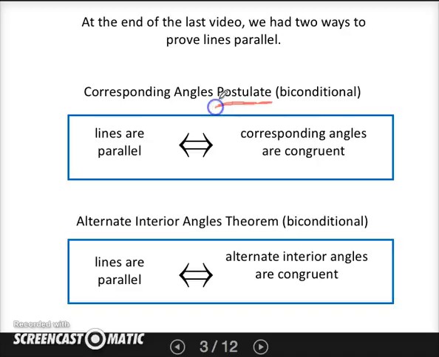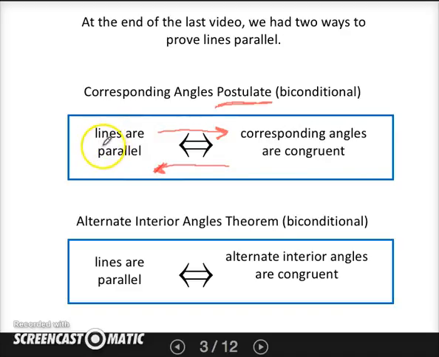We started out with the corresponding angles postulate that told us parallel lines implies that corresponding angles are congruent. And then we were told in the last video that this postulate runs both ways, that if corresponding angles are congruent, that implies that the lines are parallel.